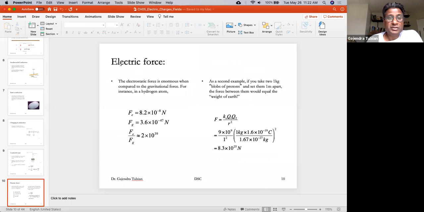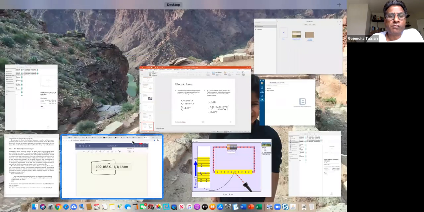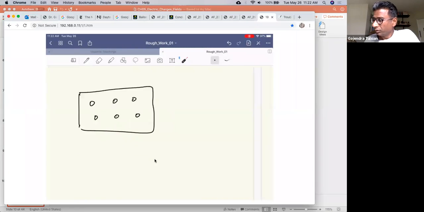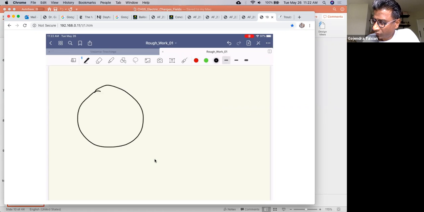Okay, just to give you a sense for how strong the electric force is, let's look at the hydrogen atom. So here's the hydrogen atom with one electron going around the proton.